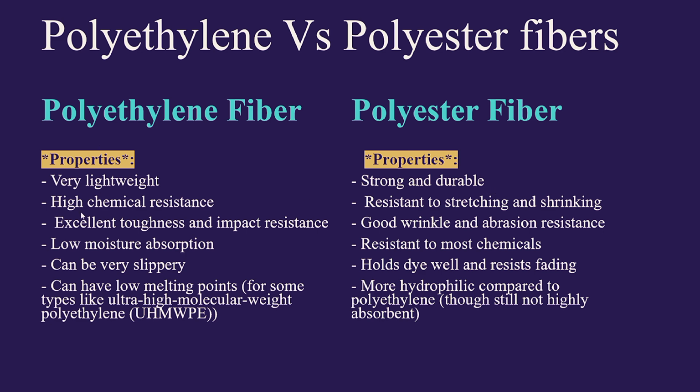Polyethylene fiber has excellent toughness and impact resistance, while polyester has good wrinkle and abrasion resistance. Polyethylene has low moisture absorption, can be very slippery, and can have a low melting point for some types like ultra high molecular weight polyethylene.